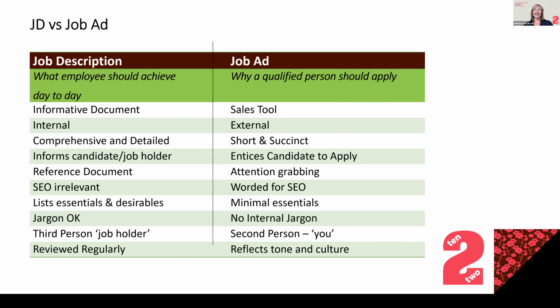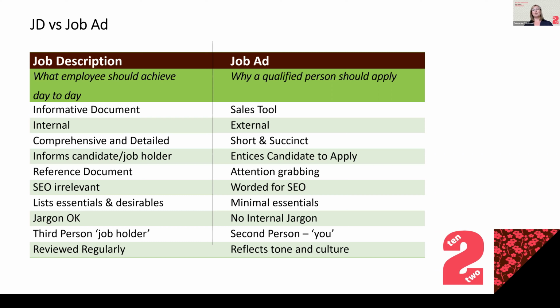And then jargon. You don't want jargon in your job ads. It puts people off, even if they work in your industry. You just want to keep jargon to a minimum. And then what we would say is in your job description, it's fine to put some internal jargon. You'll probably have some acronyms, some systems that you use, but still keep it as much as you can in layman's language. And then finally, the job description will be written in the third person.